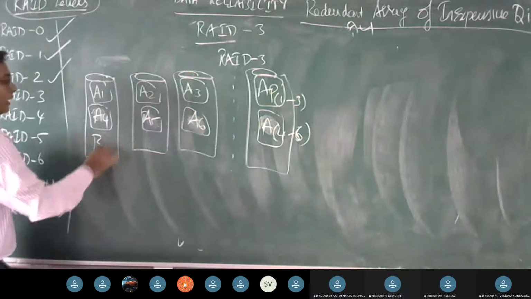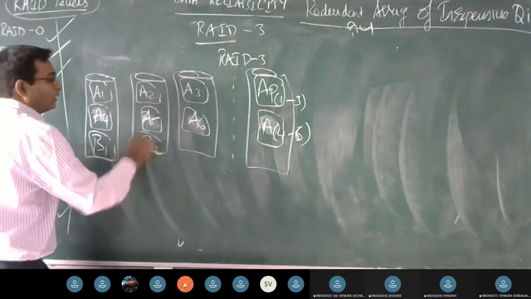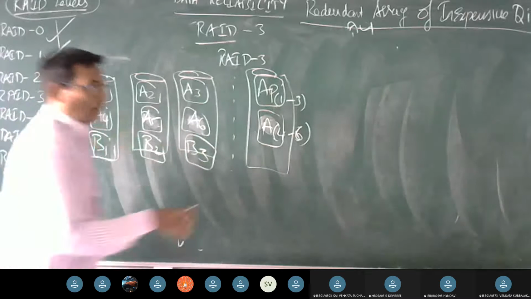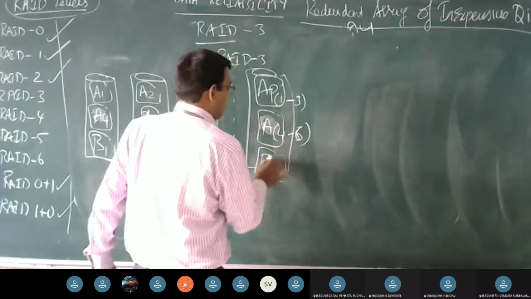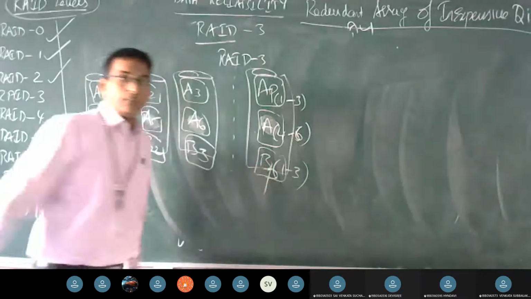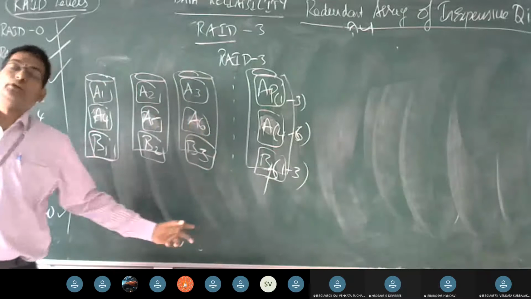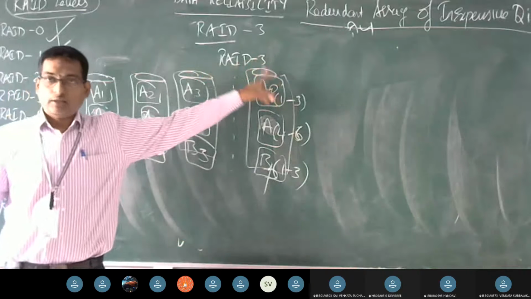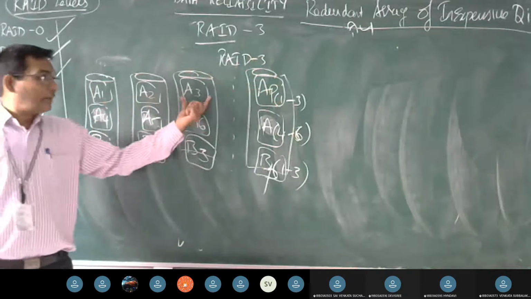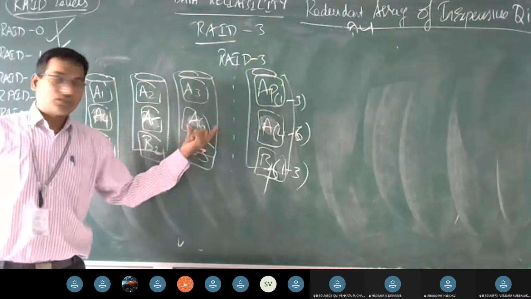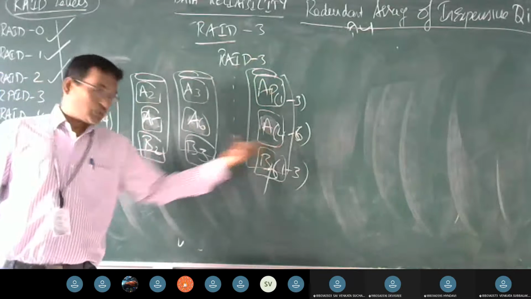Similarly, if I have another set B1, B2 and B3, for these 3 bits we associate a parity bit for 1 to 3. So data striping is possible in this RAID 3 level. A1, A2, A3, a parity bit is constituted. A4, A5, A6, a parity bit is constituted.